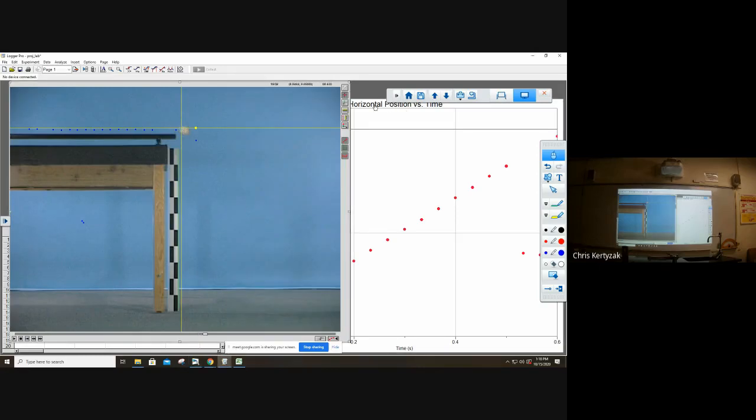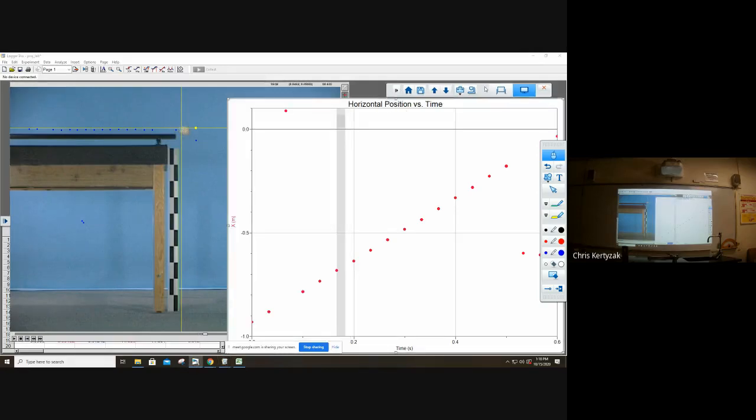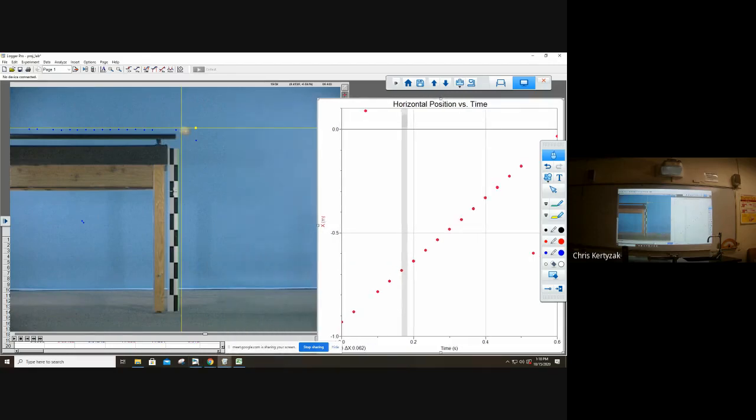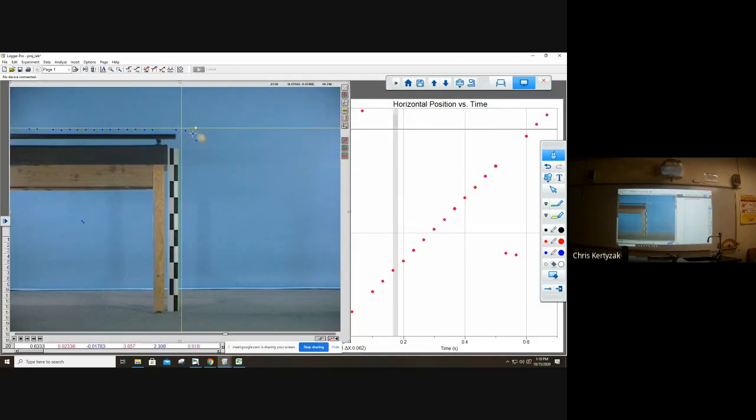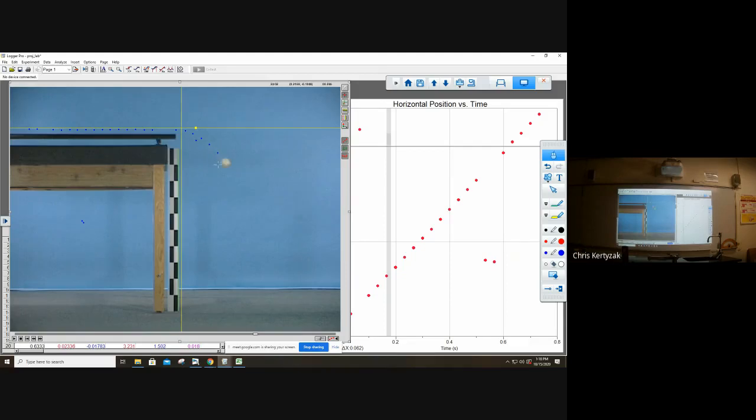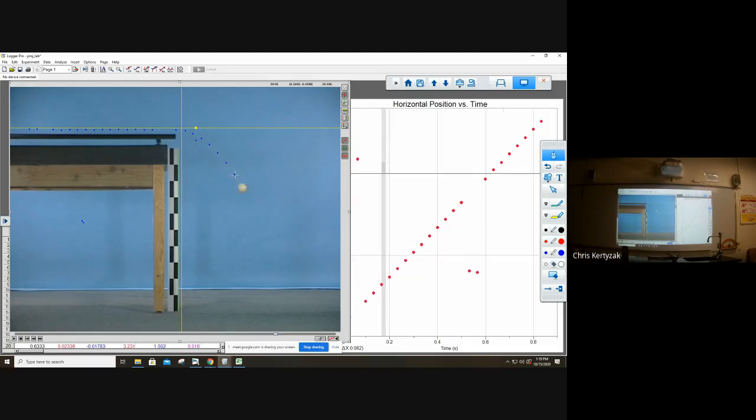Oh, sorry, one more second. Oh, I just made an error with that one, sorry. And I don't know how to undo them, unfortunately. So there'll be maybe a couple errors. You can see them being added to the graph on the top right.